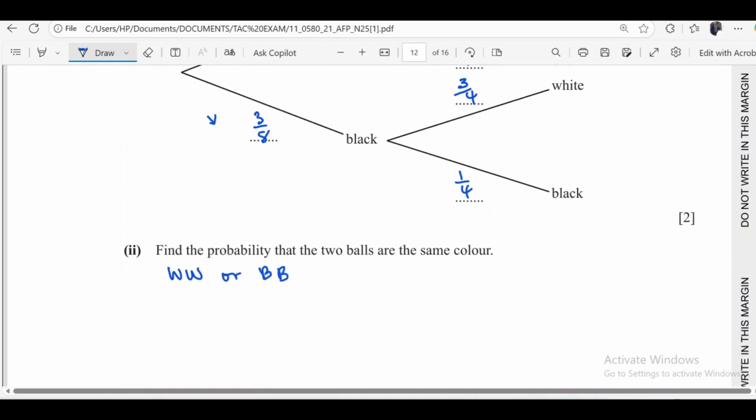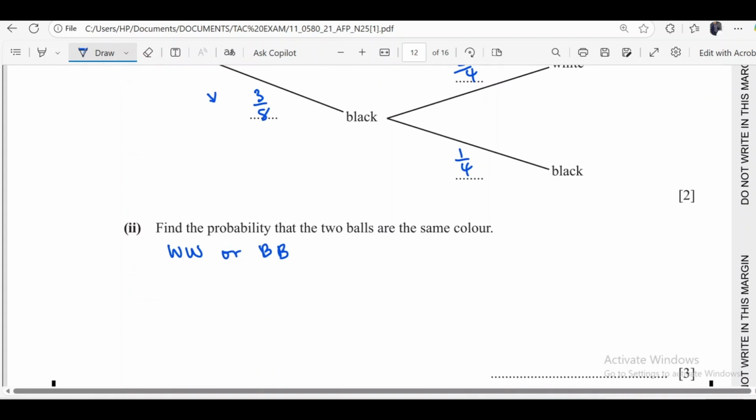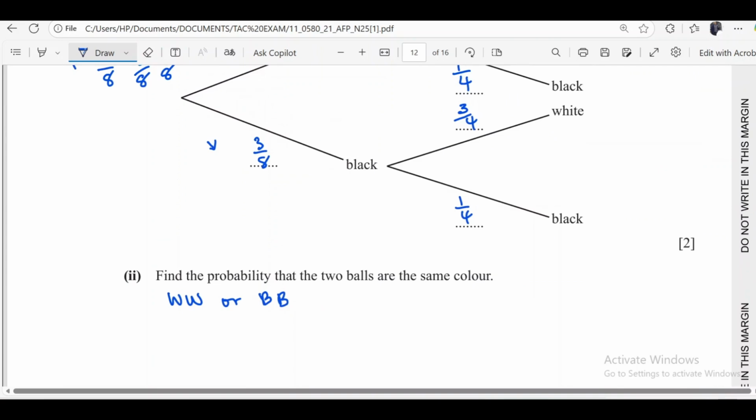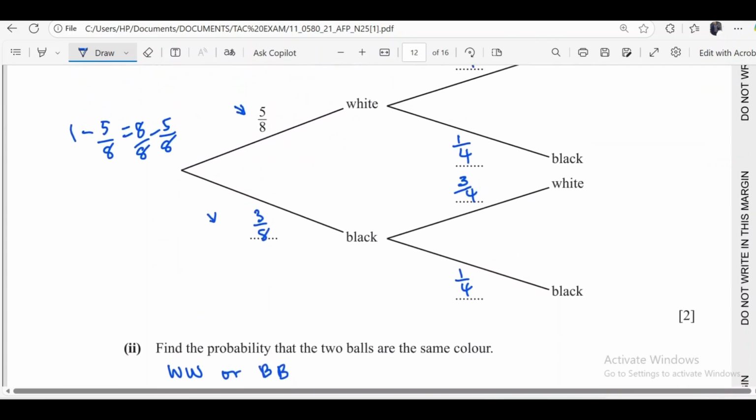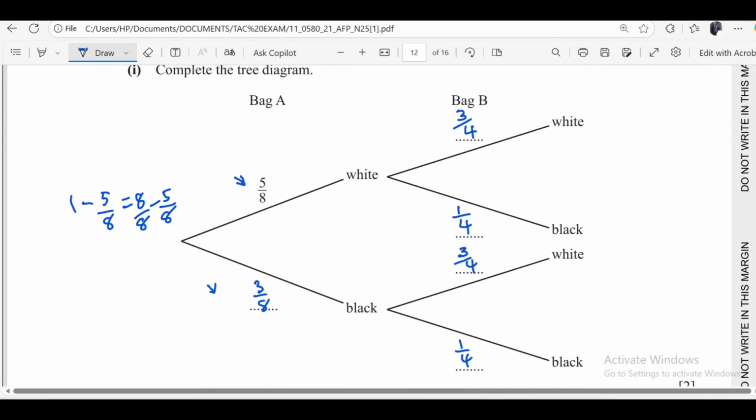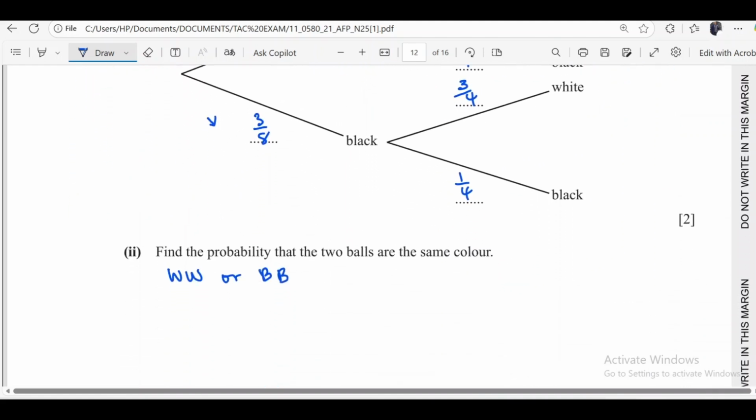Coming from this tree diagram, if you look at white, that is going to give us 5 over 8 times 3 over 4. That's white, the first is white and the second is white.